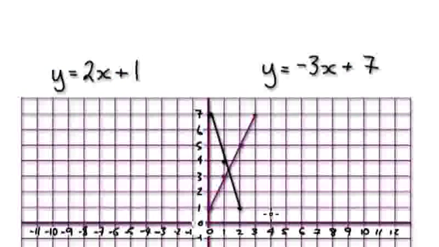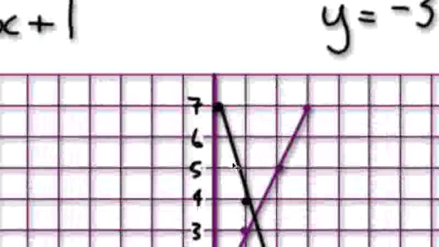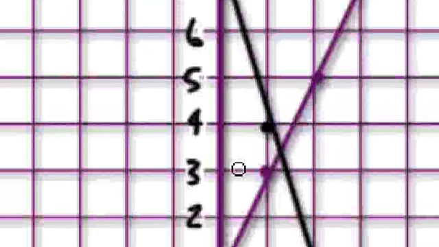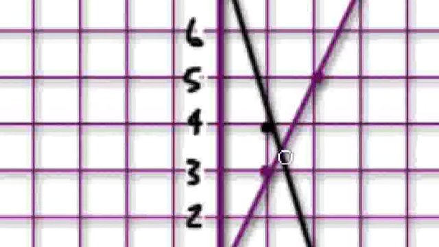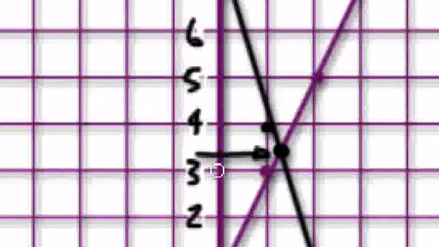Now let's look at the point exactly where they cross. At the point at which the two lines cross, the y coordinates will be exactly the same. So let me just show you this here. If you look at this, the y value for both lines will be exactly the same. It's 3 point something.